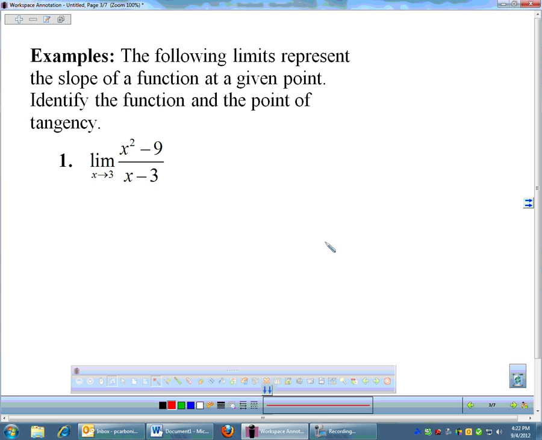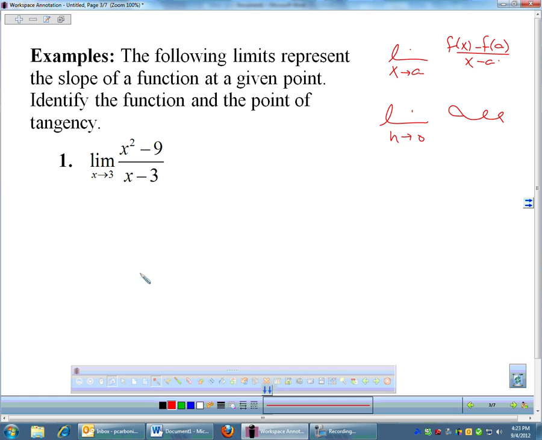A lot of times it's pretty easy to tell because there's one where you have the limit as x approaches a of a bunch of stuff, and then you have the other one, which is the limit as h approaches 0 of a bunch of stuff, and this one clearly is not approaching 0, so we know we're looking at that top definition, which is f of x minus f of a over x minus a.